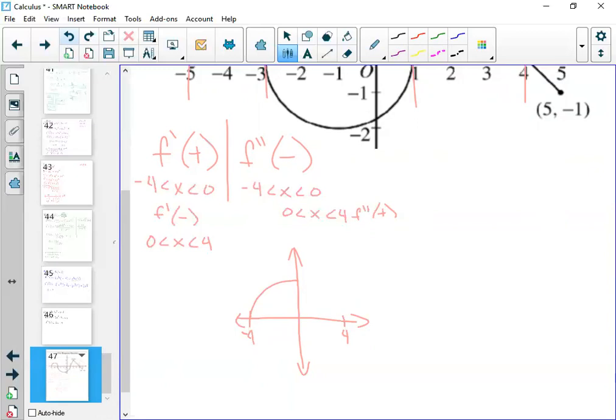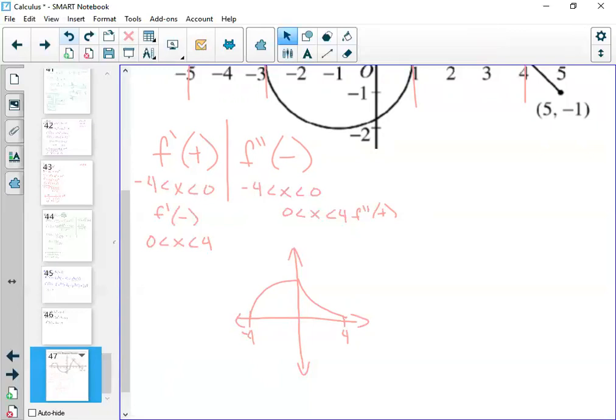So that looks something like that. Is there a way to make that smooth? I don't know. That's how it looks though. That would be a perfectly fine example.